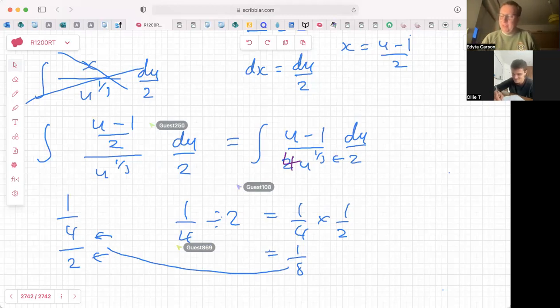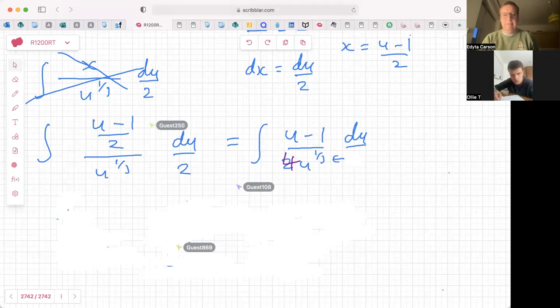Then we get a 4 there, so I can just change that for a 4. Because it's over 2 times du over 2, so 2 twos are 4. Is that okay? Yeah, I get that now.